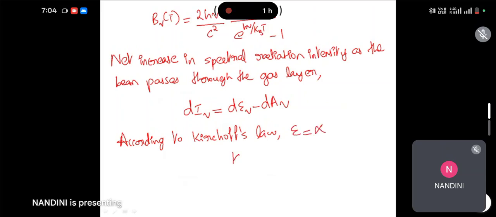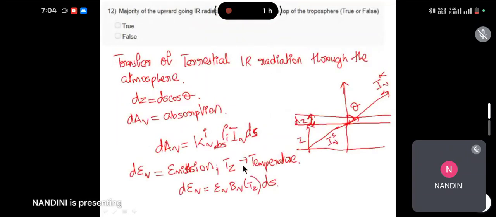So K nu absorption rho I will be equal to the emissivity epsilon nu. These two will be equal.